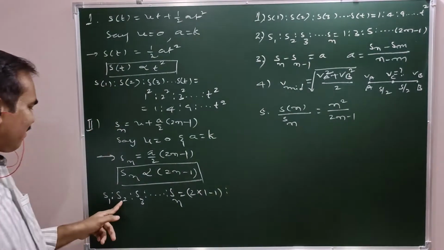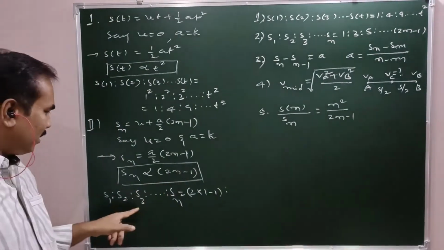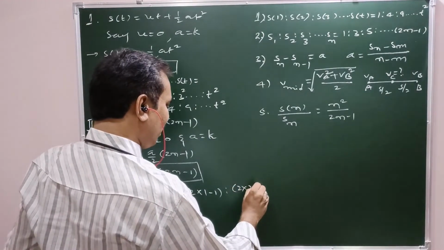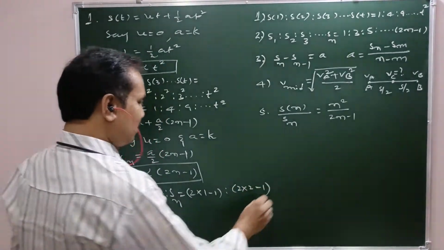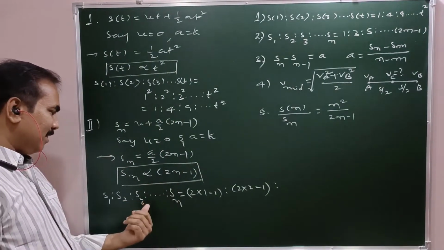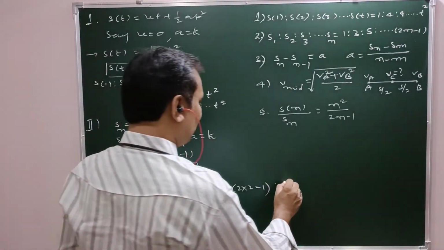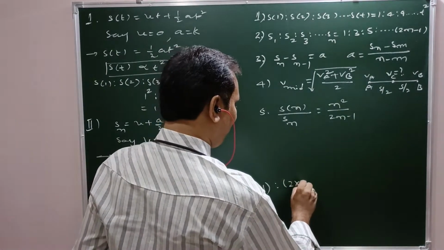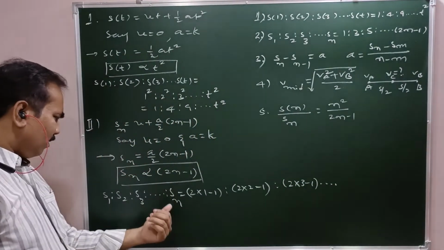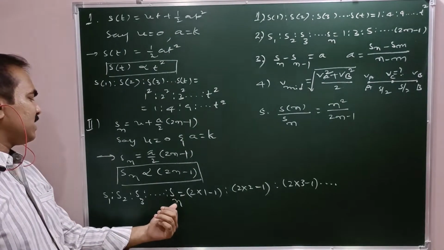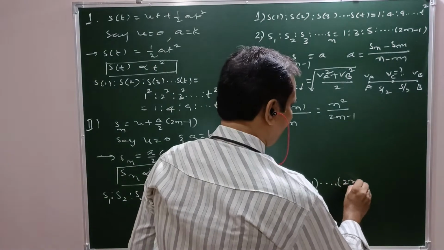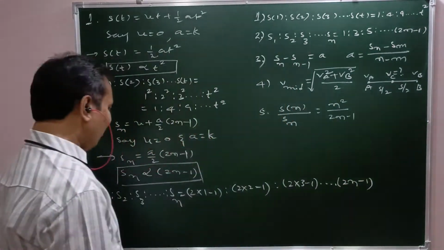In the second term, S suffix 2 means replace n by writing 2, that is 2 into 2 minus 1, is to, next case, this time replace n by writing 3, that is 2 into 3 minus 1, up to, what is the final step? That is S suffix n, in the sense 2n minus 1.